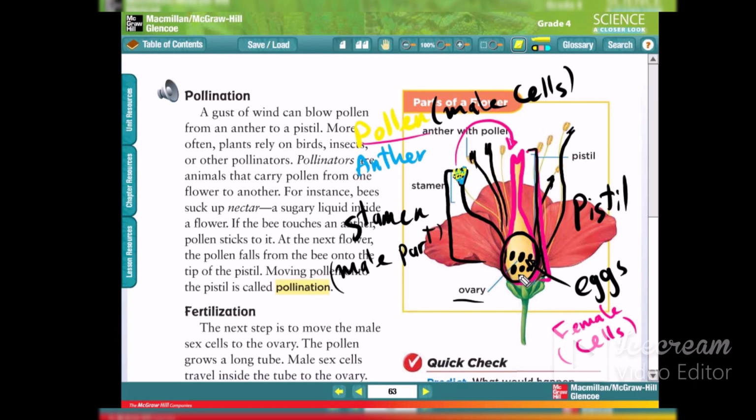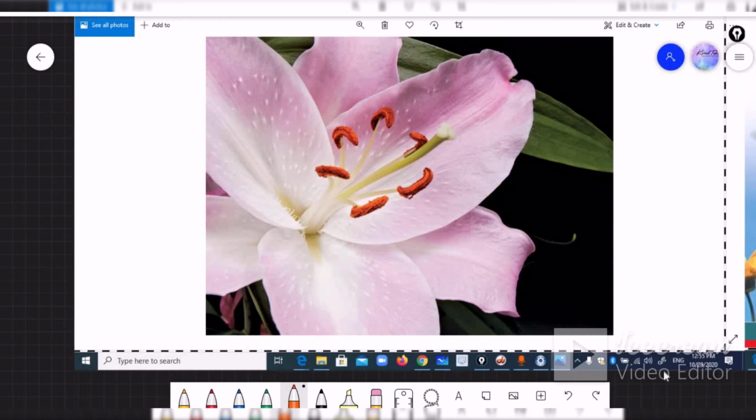Now as you see here, the seed will be covered by fleshy tissue called the fruit to protect the seed inside. Let's take a look at this lovely flower. As you see here, where is the pistil and where is the stamen? This is stamen, and that is anther.